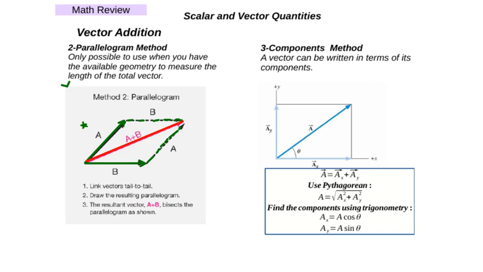And I draw a diagonal to this parallelogram. And the end of my vector should be on the end of the diagonal. I start drawing from the beginning of A and B, and I go down to the other side.